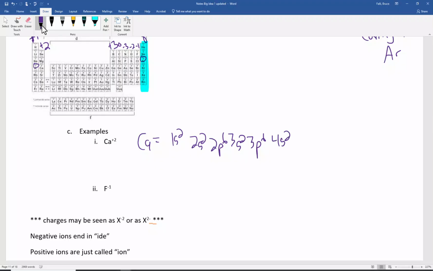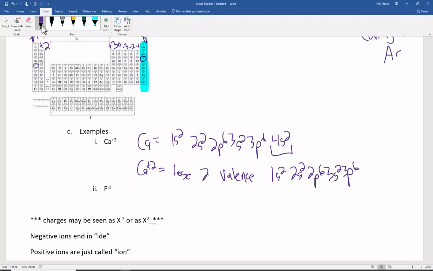Now that's calcium. For calcium +2, lose 2 valence electrons. So I'm just going to chop that off, and I'll have 1s2, 2s2, 2p6, 3s2, 3p6, which is the exact same thing as argon.